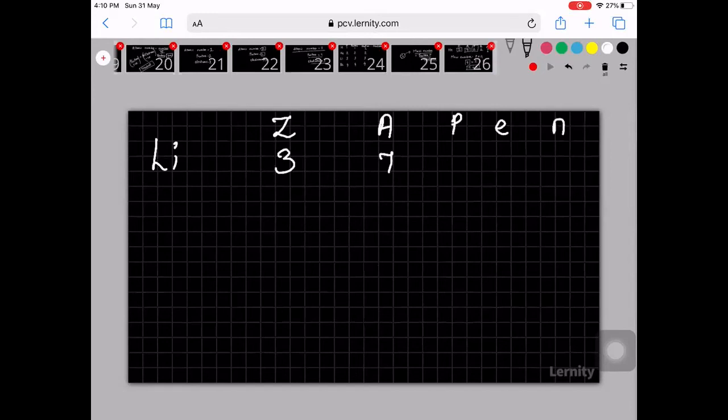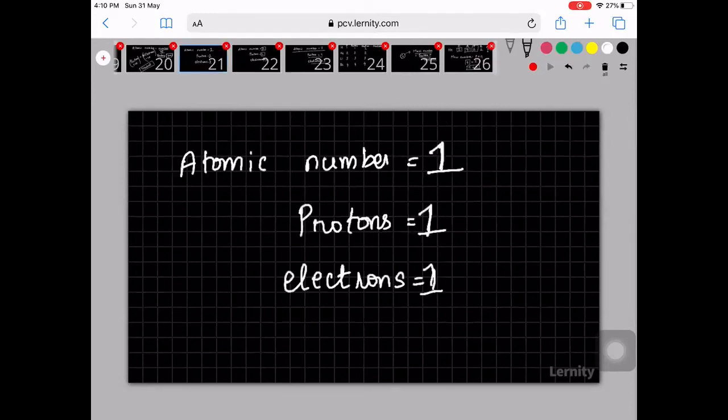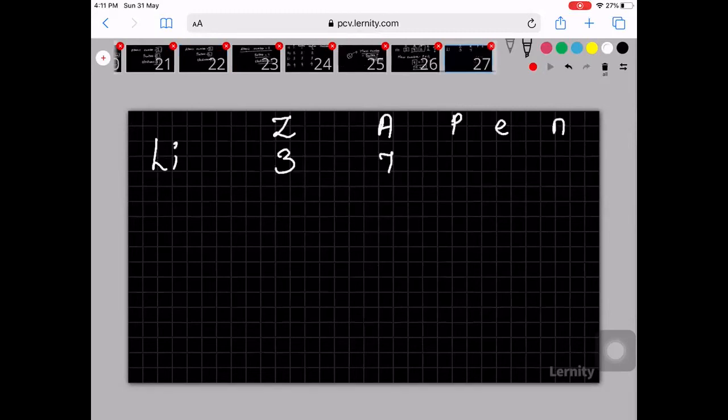Atomic number is equal to number of protons, and number of electrons is the same. Similarly, in lithium, atomic number is 3, so protons will be 3 and number of electrons will also be 3.